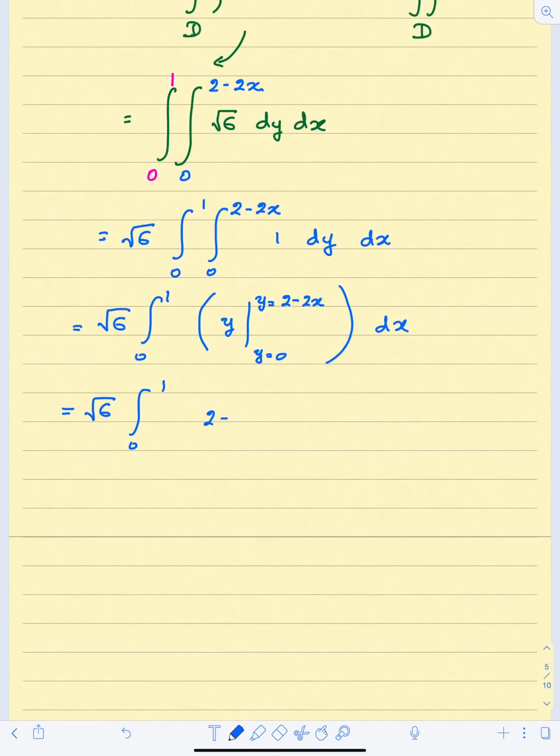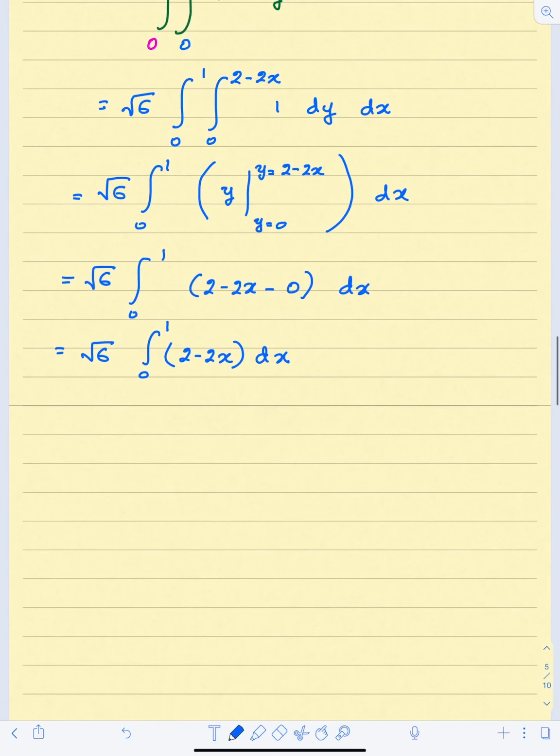The upper limit will give you 2 minus 2x minus the lower limit, which is 0, dx. Now let's integrate this. Our variable of integration is x. Integrate 2, you should get 2x minus 2 times the integral of x, which is x squared over 2. The lower limit is 0, the upper limit is 1.